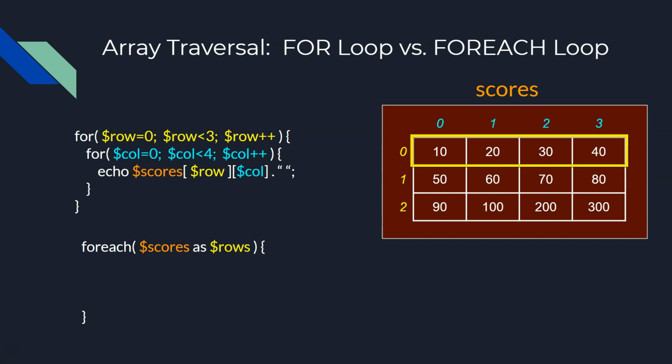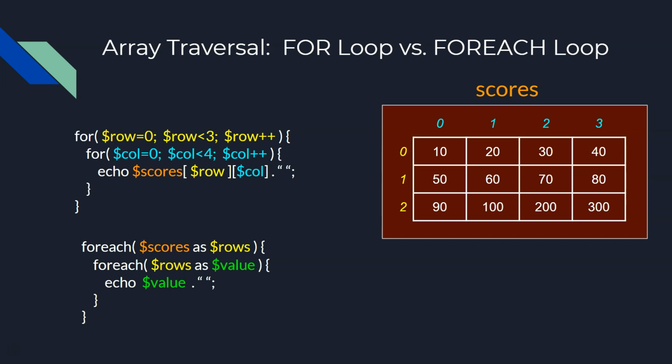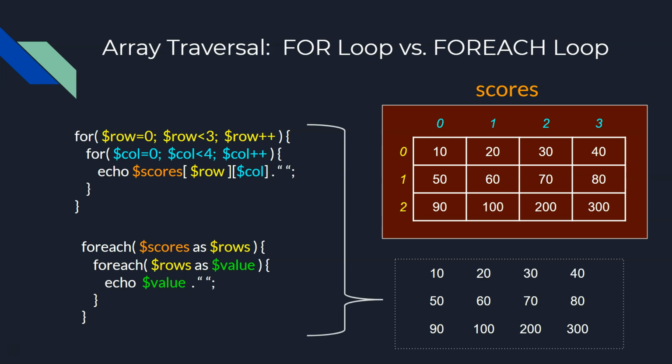Then I do another for each over the row, and now I can get the actual value out of that row and echo the value. So I still need that nested for each loop, but I don't deal with the index at all, because I don't care about the index in this case. In some situations you do care, but in this example I just print out the values. I get the same result with either of these two nested loops.